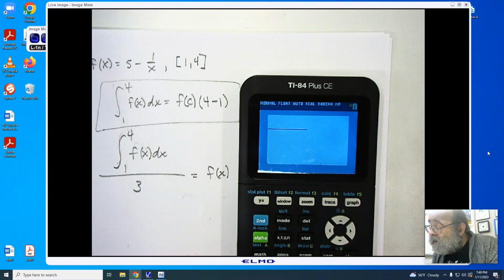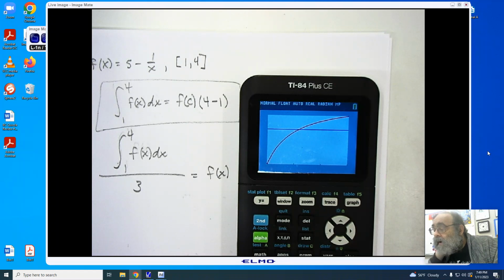You'll notice it's still thinking and working because it's going through each value along the continuous domain from 1 to 4. In just a moment, it's going to put up that 5 minus 1 over x. You'll notice that 0 is not part of my domain, so I shouldn't have to worry about it.